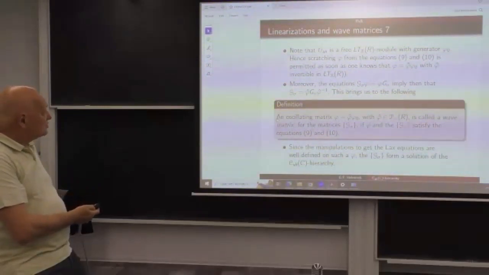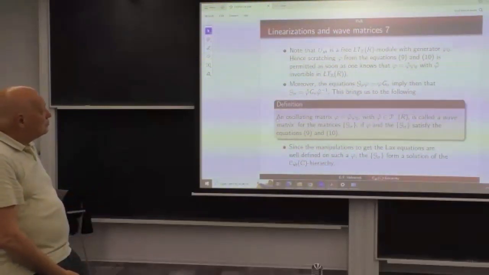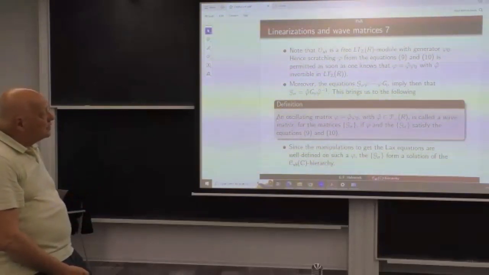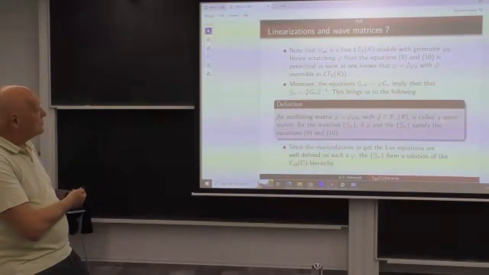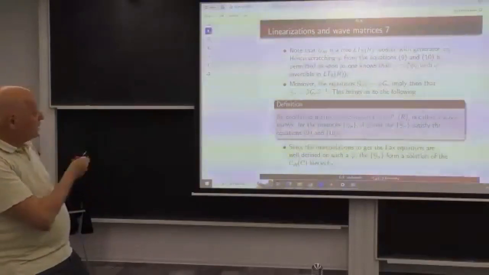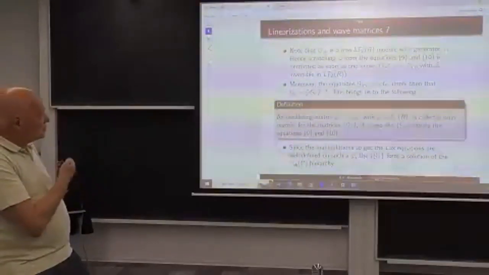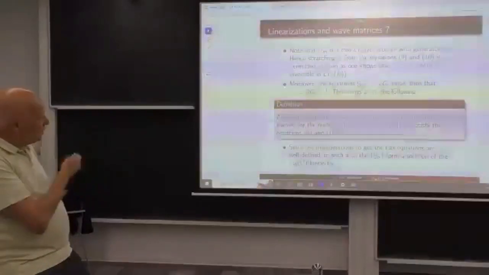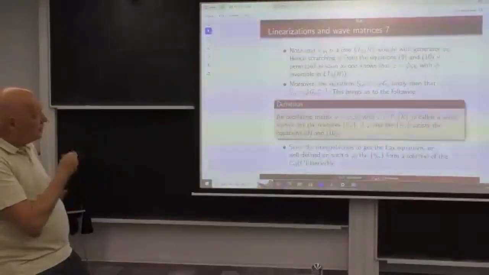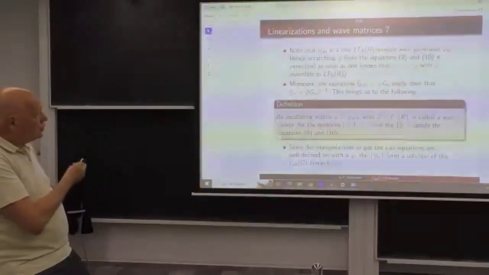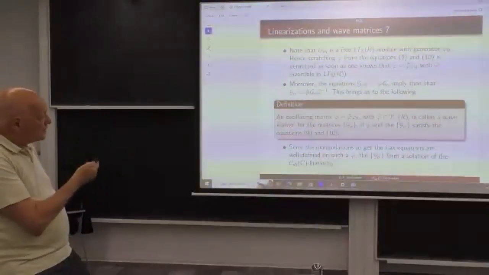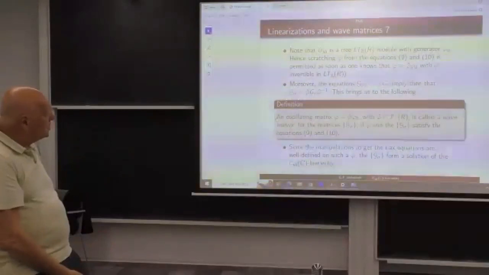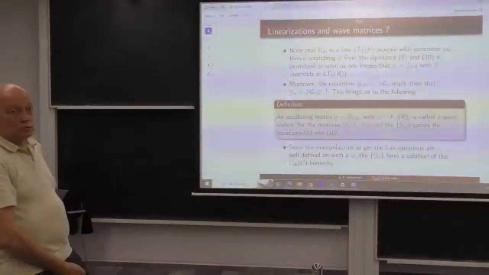And this module is a free module over the pseudo difference operators, with generator phi 0. So this annihilator is 0 as soon as you have an element phi in this module that has the form phi hat times phi 0, with this phi hat invertible.